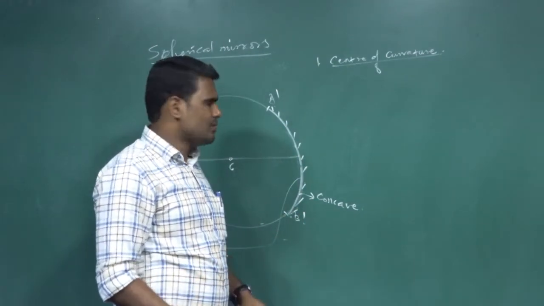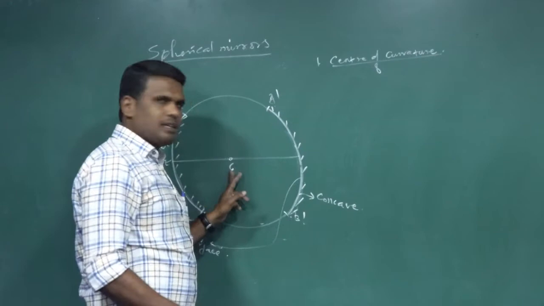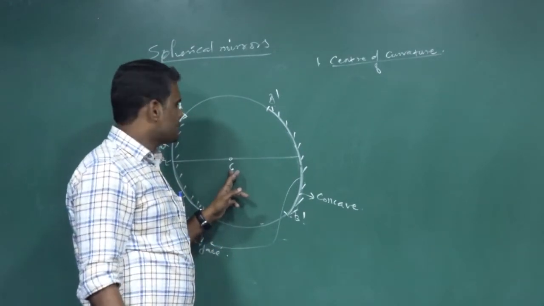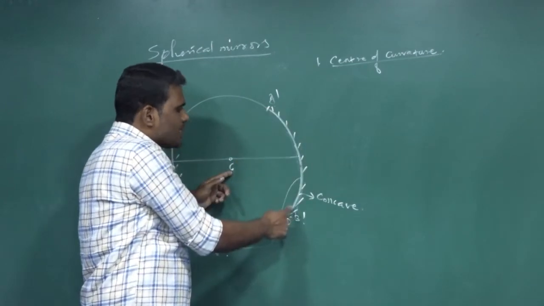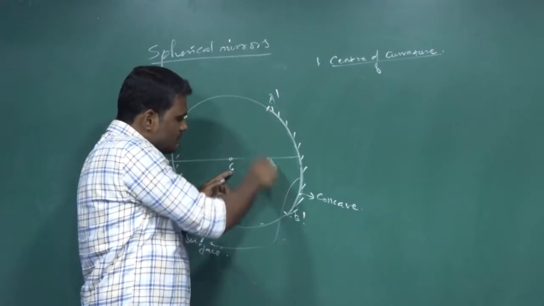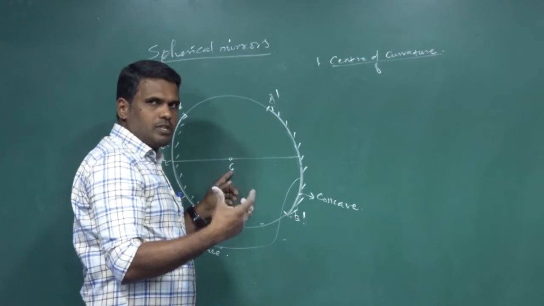What is the meaning of this? The entire sphere has a center. We used to call it the center of curvature or center of the sphere. And a small portion is cut from the spherical surface.